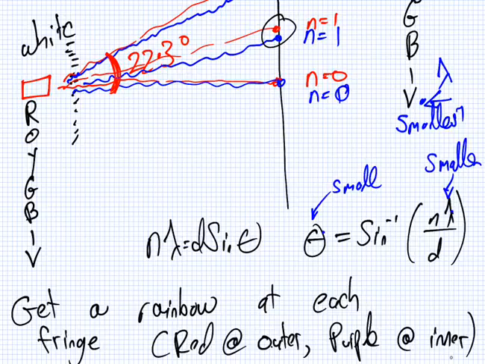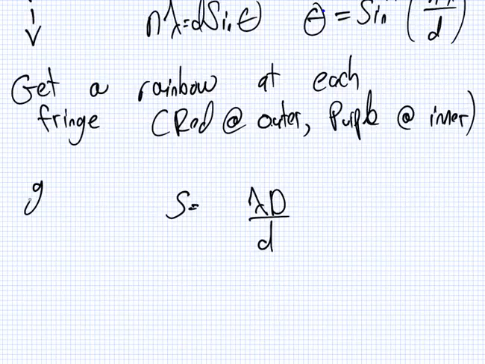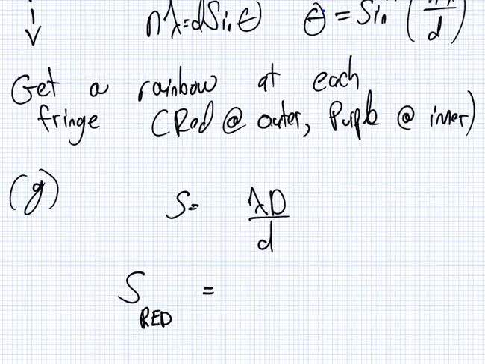So if you put white light here with all 7 colours, you'll see the 7 colours also in the same order, a little rainbow of colours.